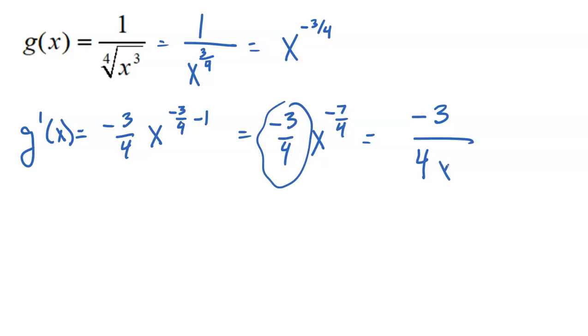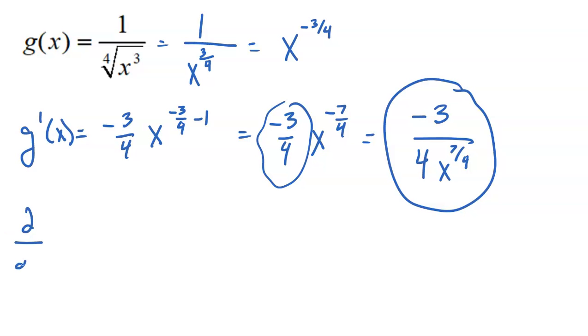But joining the 4 in the denominator is going to be x, but now to the 7/4. That way, I have a nice positive exponent. So the derivative with respect to x of the function 1 over the 4th root of x cubed is negative 3 over 4x to the 7/4. That's it. That's how easy the power rule is.